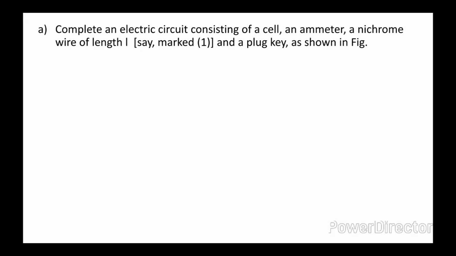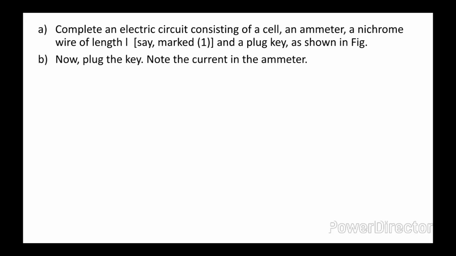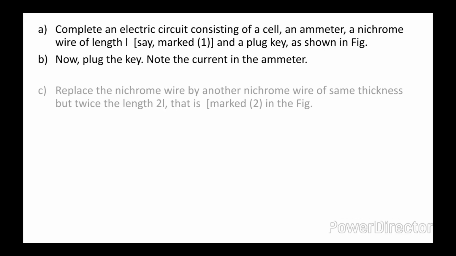First you have to complete the circuit by connecting cell, ammeter, nichrome wire. We shall consider the length of the nichrome wire to be L, and a plug key.